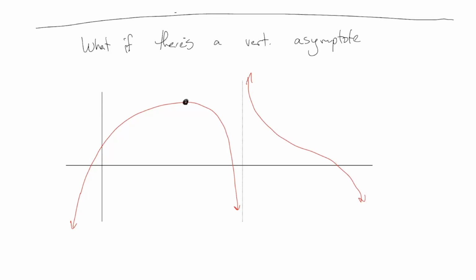What about positives and negatives? I see over here is positive. It's going up as you move to the right. After that dot, it becomes negative, going down as you move to the right. And then after the asymptote, it is again negative. All of this stuff over here is moving down as you go to the right.